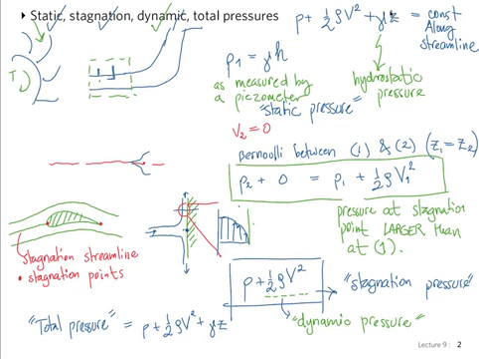The gamma z term only represents changes in elevation, and that's going to be useful when we look at, for example, a hydroelectric turbine system. How does that work? We have a change in elevation from the top of the mountain to the bottom, and as we go down, the mountain becomes dynamic pressure.